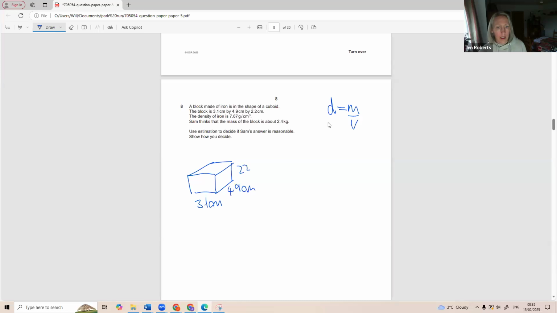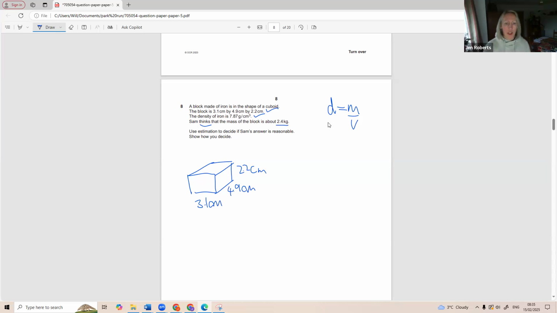The density of iron is 7.87 grams per centimetres cubed. Sam thinks the mass is 2.4 kilograms. Use estimation to decide if Sam's answer is reasonable. Show how you decide. Okay, so we know the density and we know the volume. This is what Sam thinks, so we're going to work it out by using estimation.